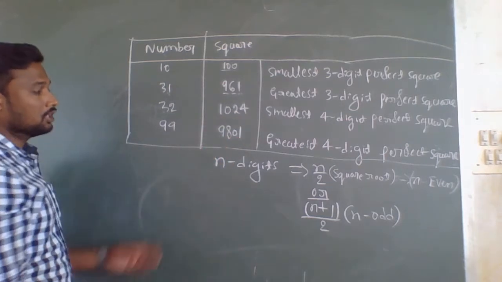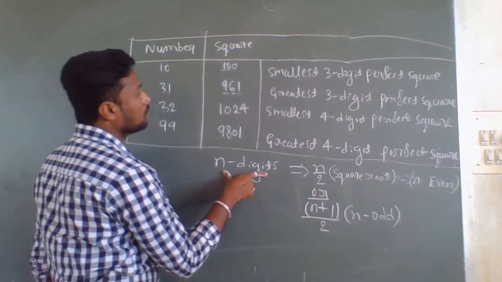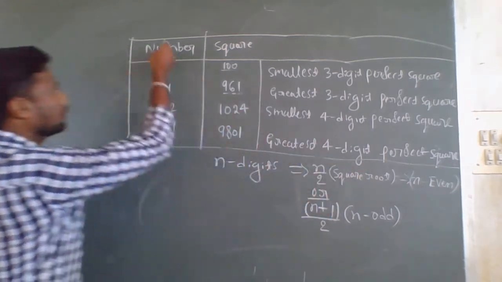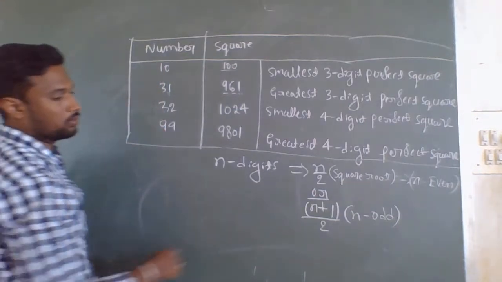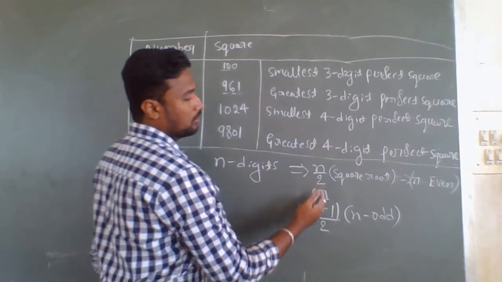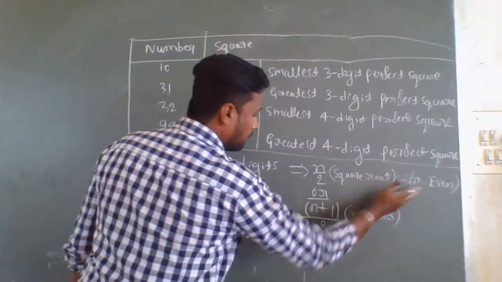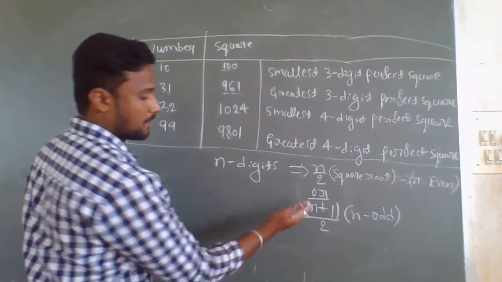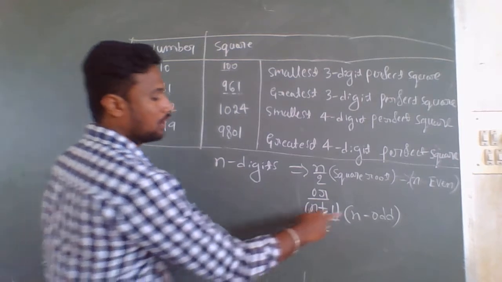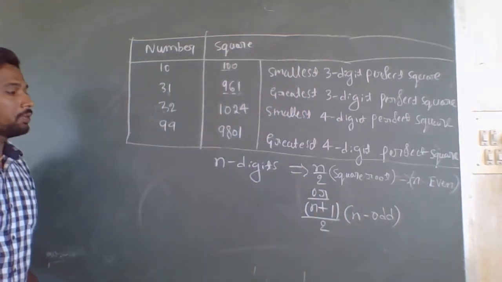So like this, if the square number contains n number of digits, then its square root, these are square roots, contains n by 2 digits if this n value is even, or n plus 1 by 2 digits in the square root if n is odd. Let us see with one example.